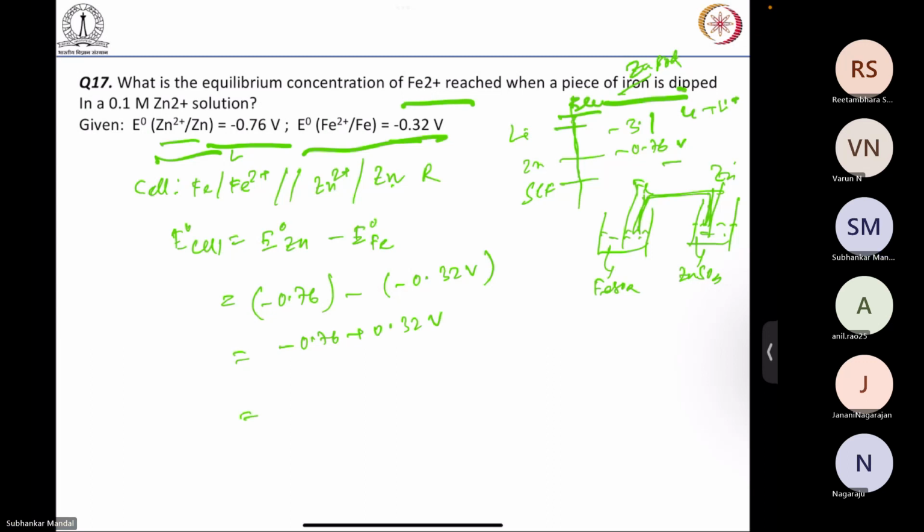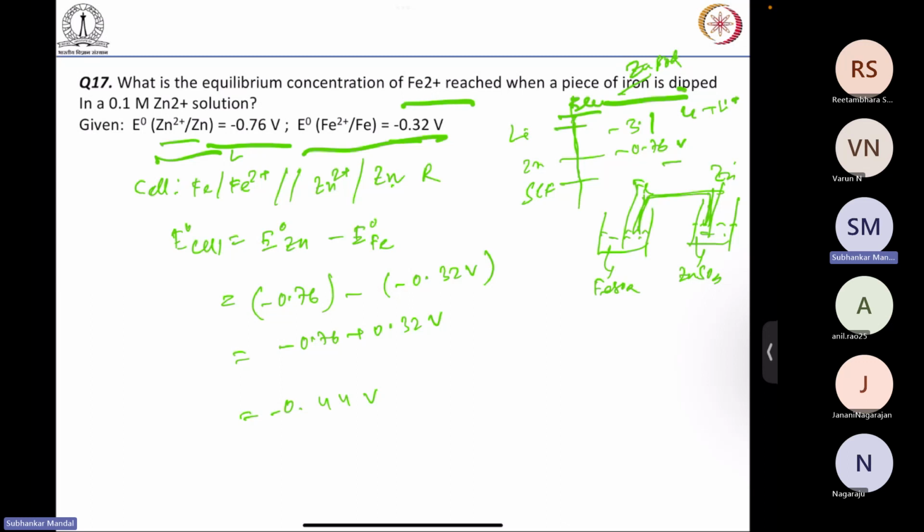Then how much will it be? 0.44. So E cell is given.